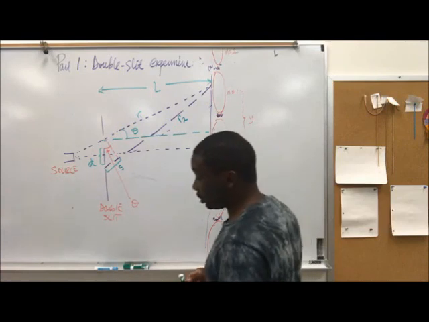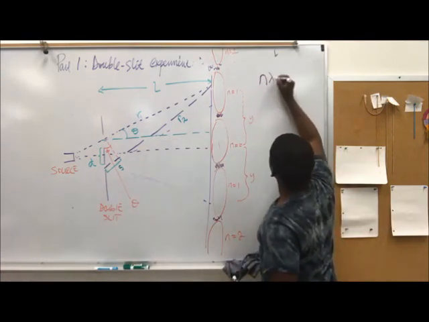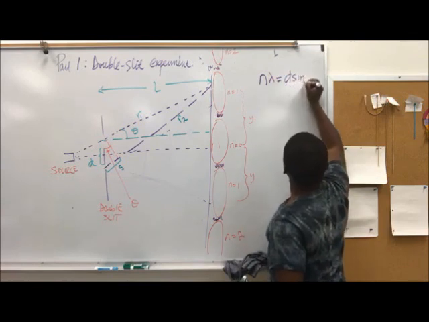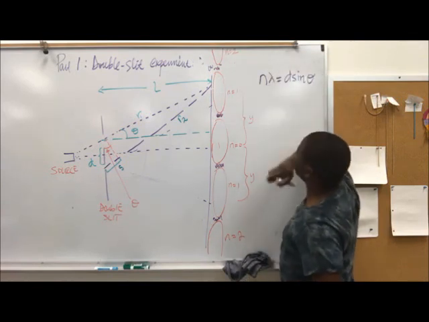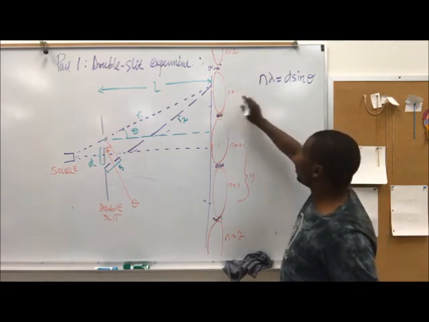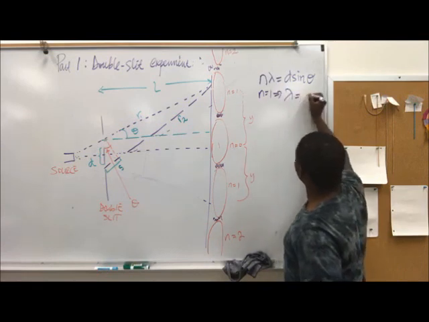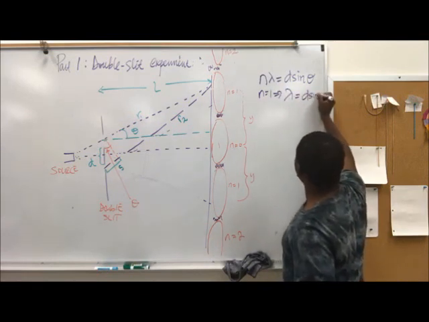Generally for a double slit experiment, we have n lambda equals d sine theta. This is for the double slit experiment. We're dealing with the bright fringe at n equal 1. So when n equals 1, this becomes lambda equals d sine of theta.